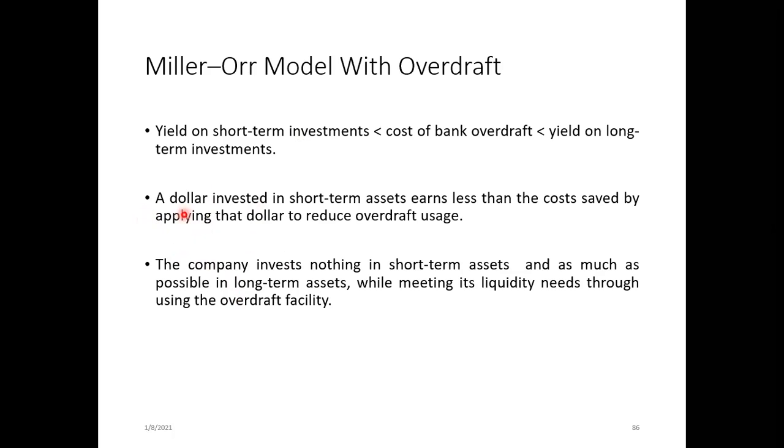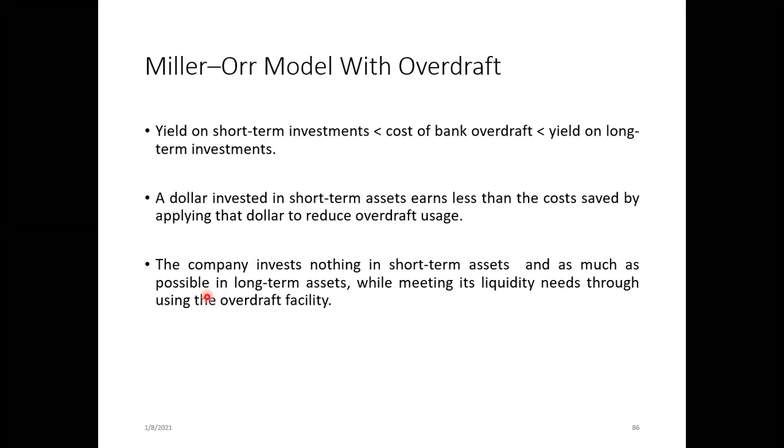A dollar invested in short-term assets earns less than the cost saved by applying that dollar to reduce overdraft usage, right? If you put the money in a short-term investment, you are getting a lower amount of income as interest, compared with the bank overdraft opportunity cost.